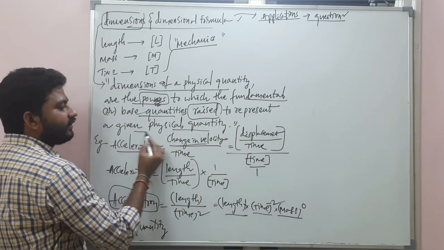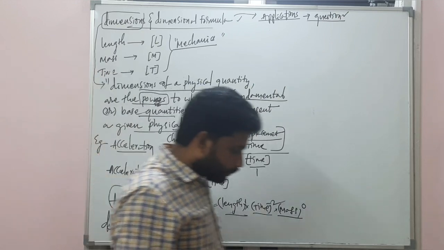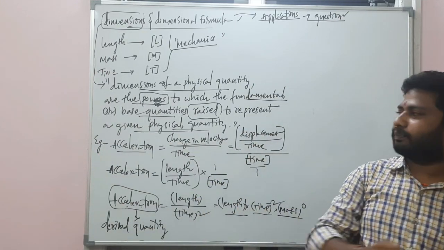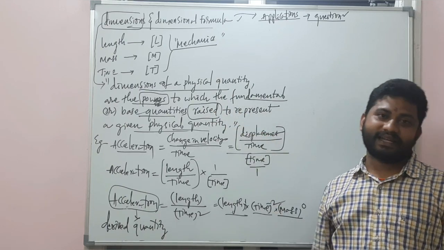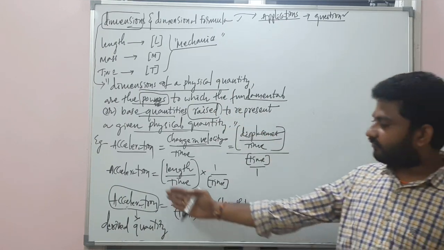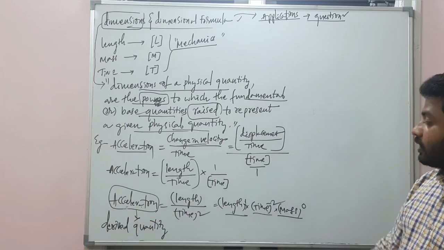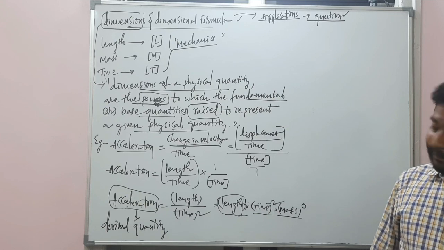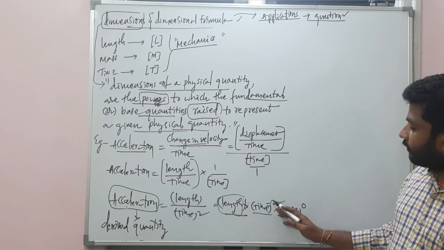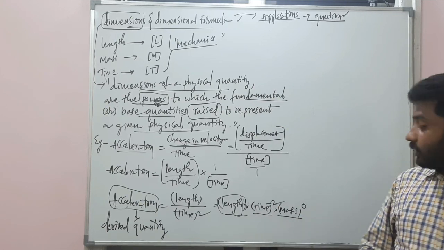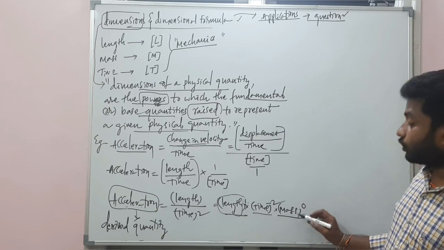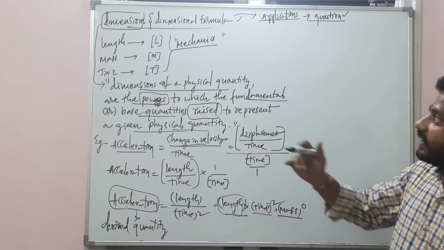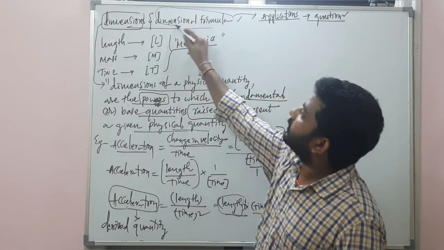I hope you got 100% clarity on what exactly the dimension is. To represent the physical quantity called acceleration, length is raised to the power 1, that's called the dimension. Time is raised to the power -2, that's called the dimension. Mass is raised to the power 0, that's called the dimension. Understand? So now the dimensional formula comes into the picture here.